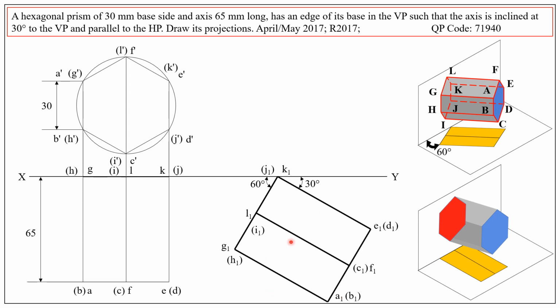Now we have reoriented the top view at 30 degrees. Since this is the top view corresponding to the position given in the problem, we have drawn it using thick lines or dark lines. So A1, B1, C1, D1, E1, F1 are the corner points corresponding to the front hexagon, and these points correspond to the rear hexagon.